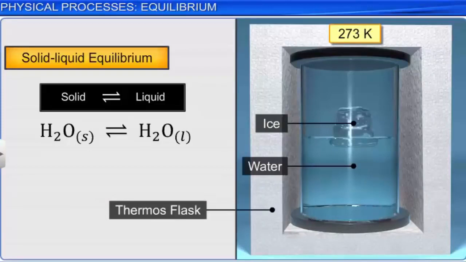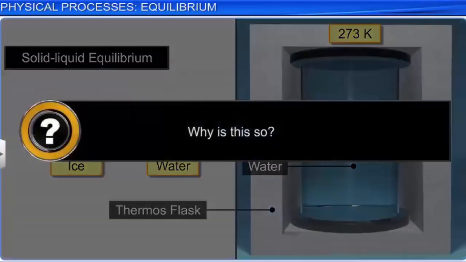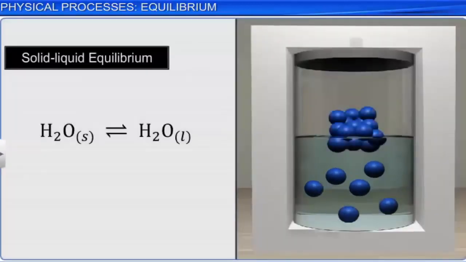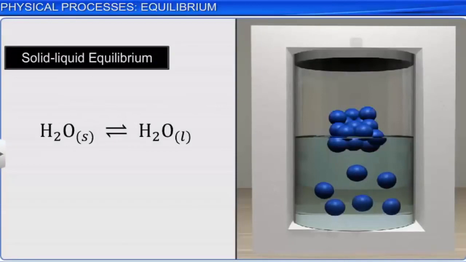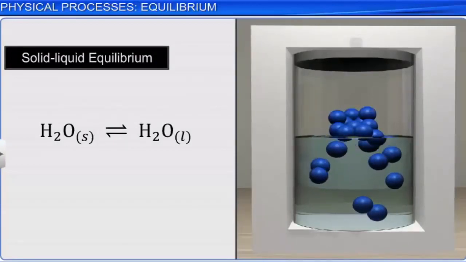For this equilibrium, you can see that the temperatures as well as the masses of ice and water remain constant. Why is this so? Ice-water equilibrium is a dynamic equilibrium, where the number of molecules going from ice into water and the number of molecules going from water into ice are equal.